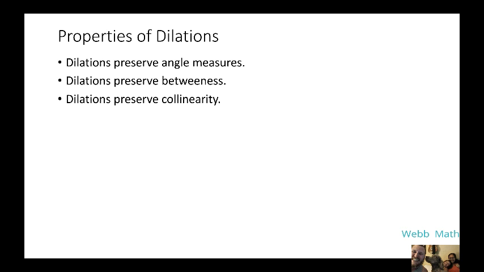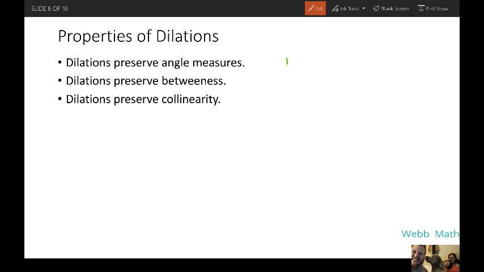Dilations preserve collinearity. So remember when we graphed our triangles. And we ended up dilating. And I'll go ahead and make a shrinking aspect of dilation, like a scale factor of 1/2.